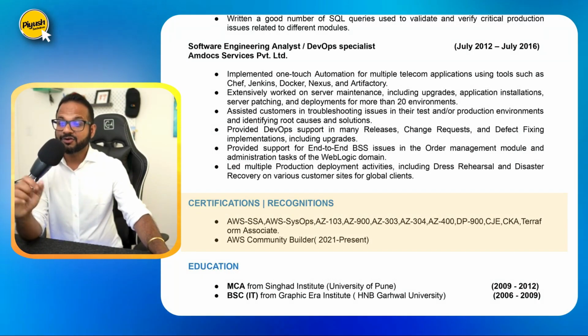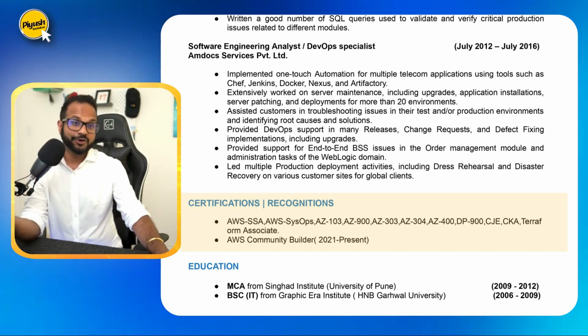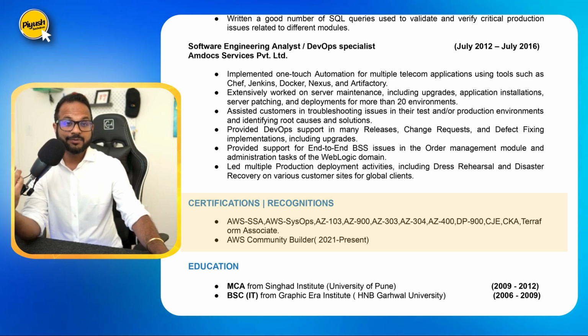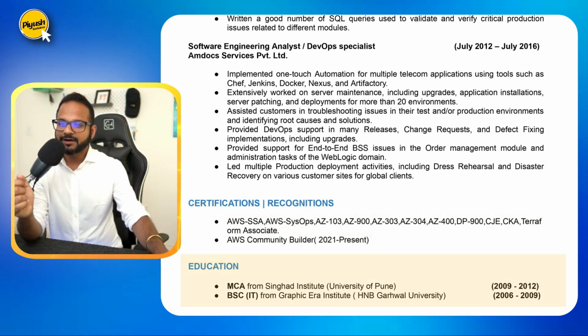And then here are all my certifications that I did prior to joining Google. After I joined Google, I added 4 or 5 certifications to this list. Now I have a few more of these. And my recognition as an AWS Community Builder from 2021 till now, it's been 3 years. And then here are my education details.